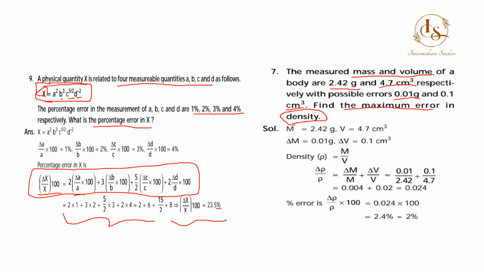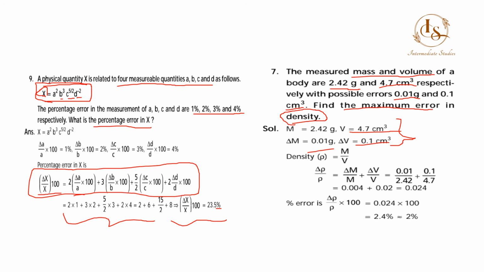So first write up the values they have given. The mass value is 2.42 grams and the volume is 4.7 centimeter cube, and the possible errors, which means delta m is 0.01 gram and delta v is 0.1 centimeter cube. So we have the mass and volume values and their respective errors. And what is the formula for density?